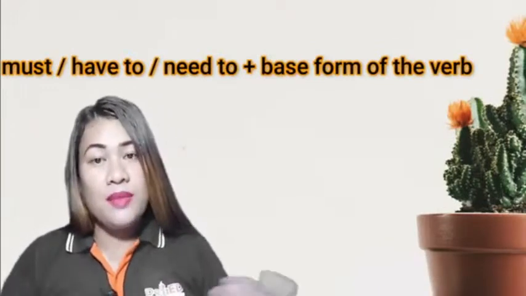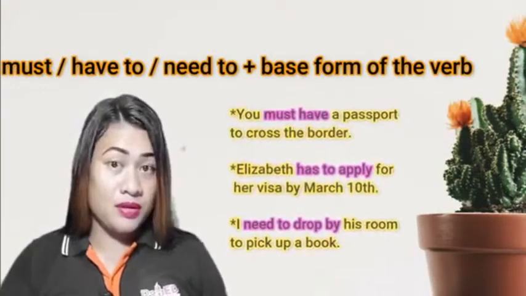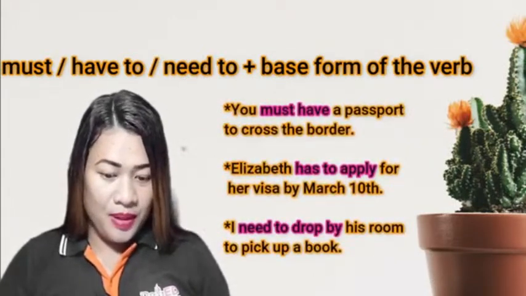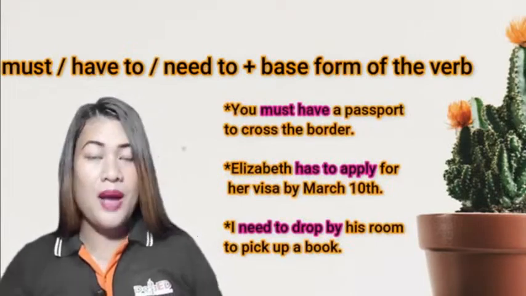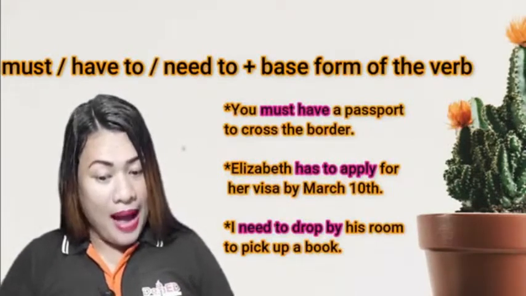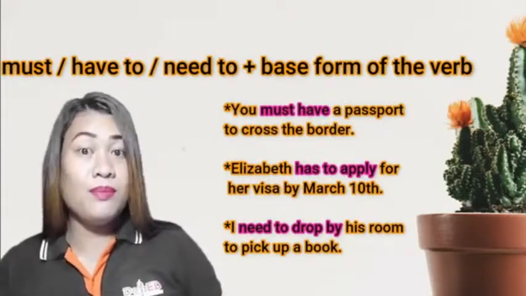Example: You must have a passport to cross the border. Elizabeth has to apply for her visa by March 10th. I need to drop by his room to pick up a book.